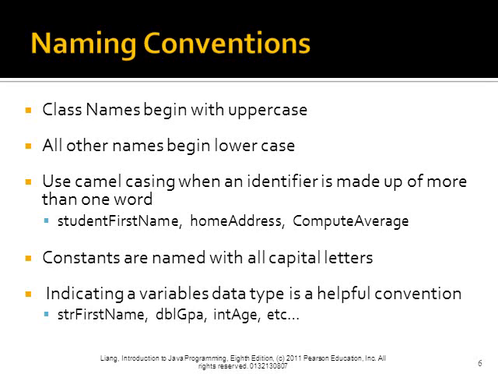Looking at these examples, I know that first name is a string, that GPA is a double, and that age is an integer data type. We'll get more into data typing in the next lesson, but consider that useful hint of creating identifiers using some indication of the data type that identifier represents.